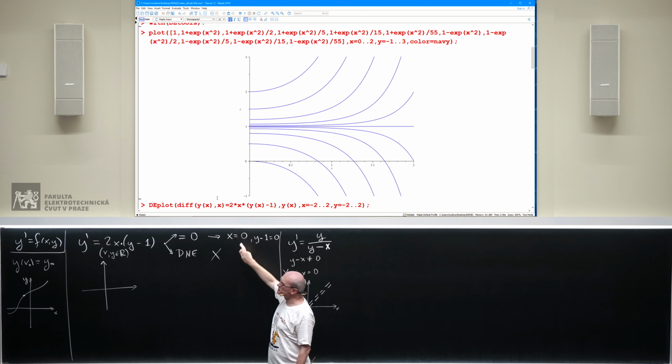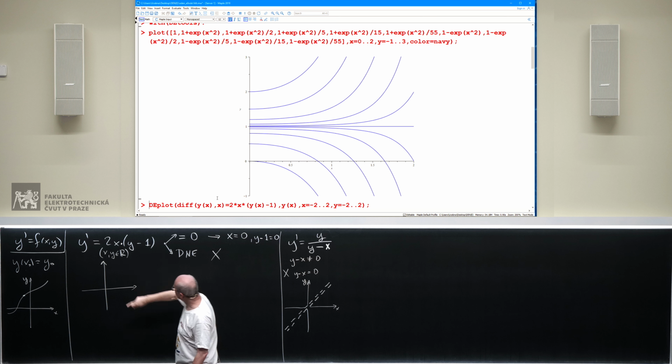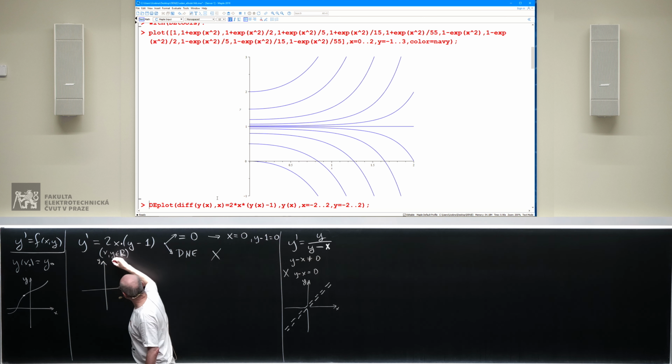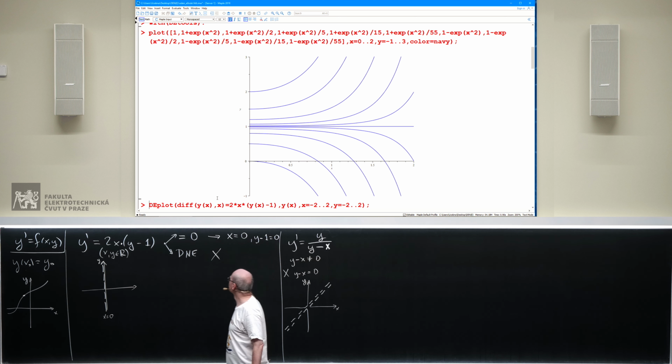X equal to 0, that's a two-dimensional object. That's important now. This is not a point or a number, but it's an object in two dimensions. That's the key trick. Which object? X equal to 0, that's the y-axis. So let me emphasize it somehow like that: the y-axis is actually a dividing curve for my analysis.